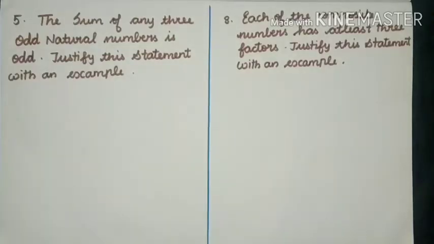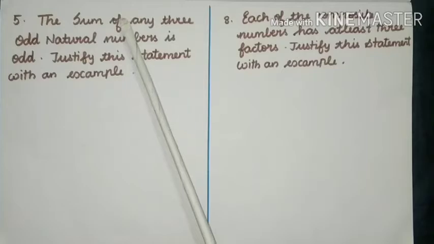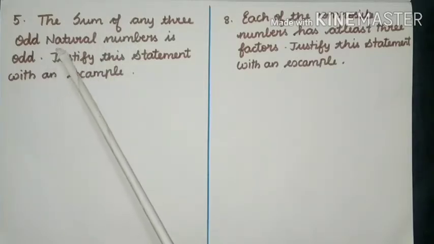Fifth sum. The sum of any three odd natural numbers is odd. Justify the statement with an example. Students, we have to justify the sum of any three odd natural numbers is odd. Sum of any three odd natural numbers means what? We have to add any three natural odd numbers.